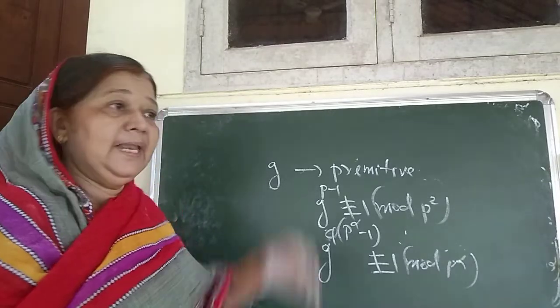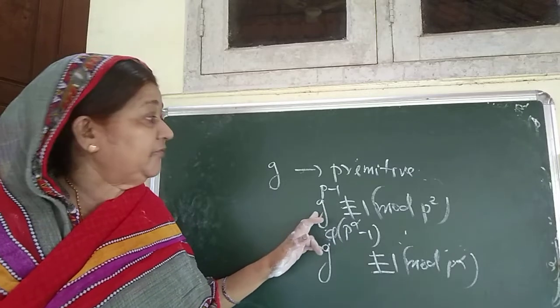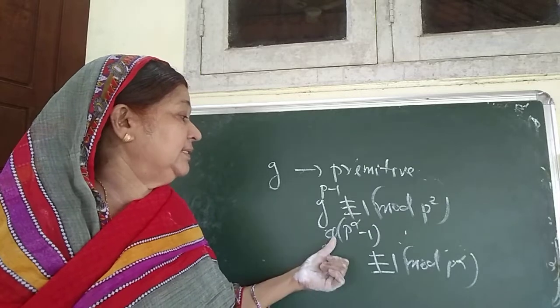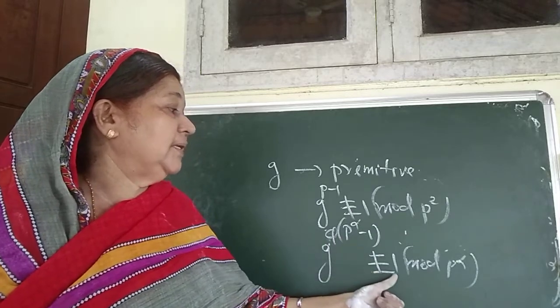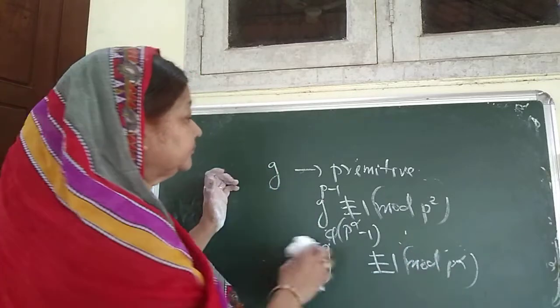That is the lemma. The lemma states that if g is a primitive root, and if g raised to p minus 1 is not congruent to 1 mod p square, then g raised to phi of p raised to alpha minus 1 is not congruent to 1 mod p raised to alpha.